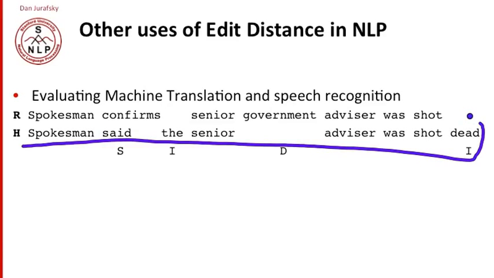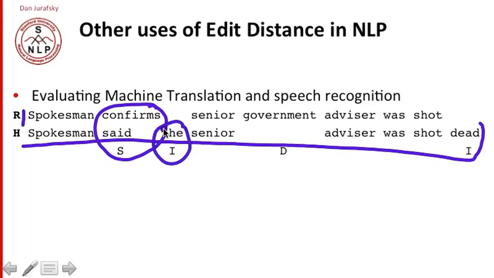And some human expert translator said it should have been "spokesman confirmed senior government advisor was shot." So we can measure the difference between these two by saying how many words changed. "Confirms" was substituted with "said." Words that were inserted: "the," and "and," and "dead"; and words that were deleted: "government." So this is a way of measuring how good our machine translation is by comparing it to humans.